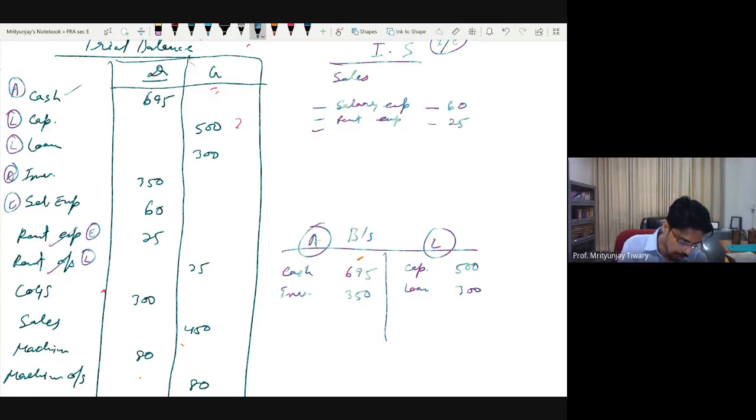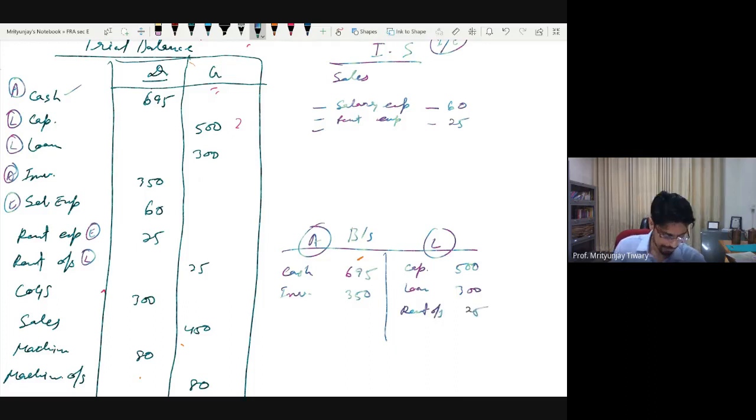Now because we had used these two prefixes and suffixes, things are much easier for us to determine. So rent outstanding, the moment I see the word outstanding, I understand that this is my obligation. Okay, so it is helping me now. That is the reason why I encourage you to do it. So I will write it in the liability side, rent outstanding, how much?